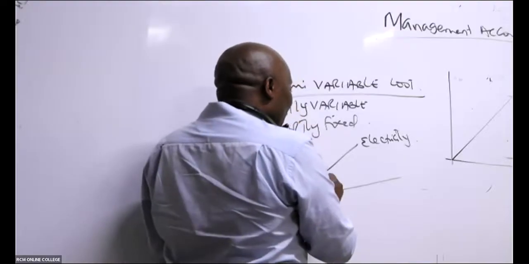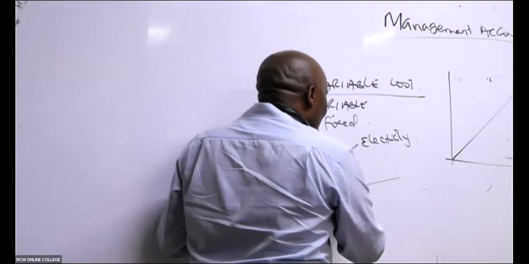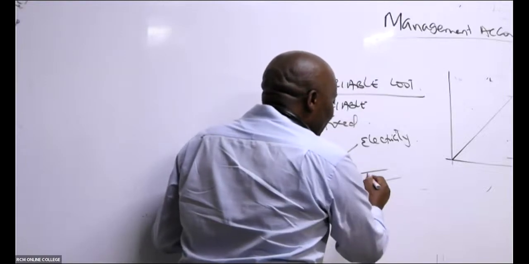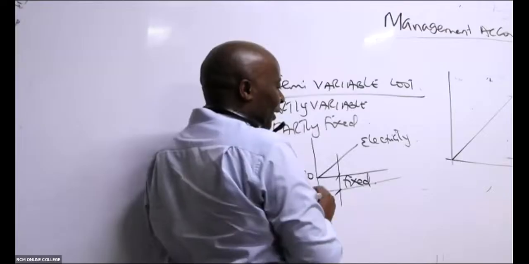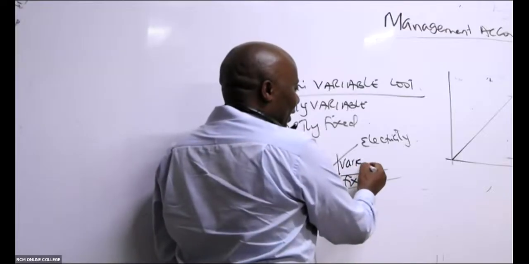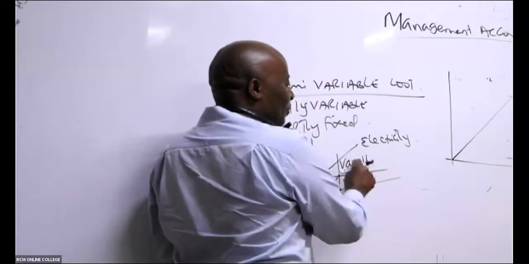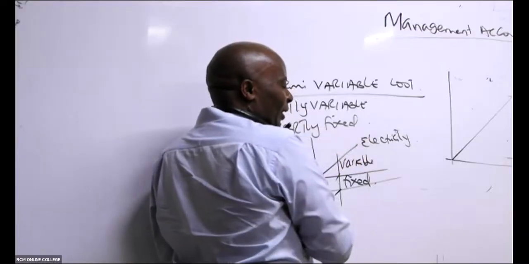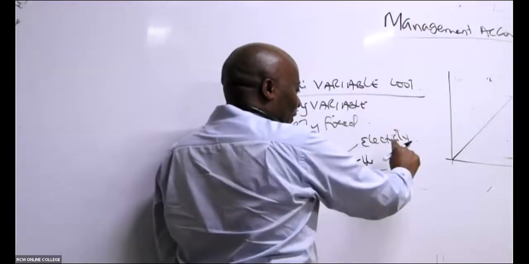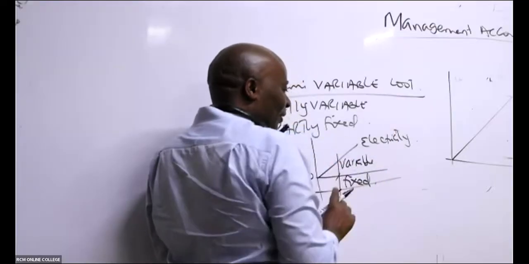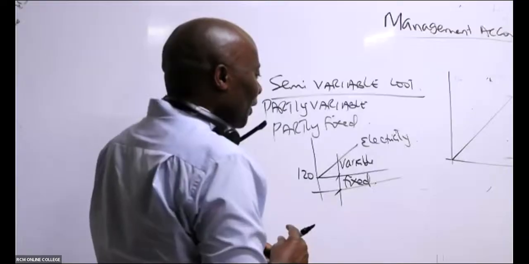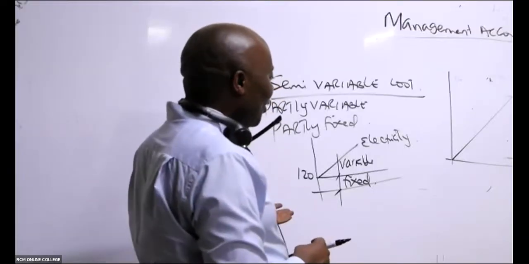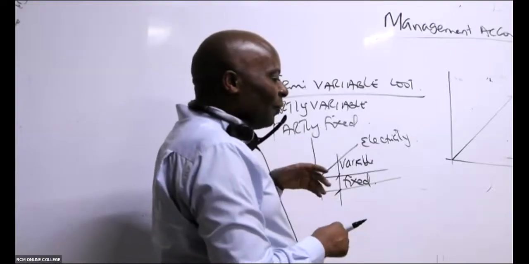So if I dissect my meter bill very well, I will have these 2 components. We have fixed cost, and then variable. The variable component will be dependent on the number of kilowatt hours. The more I use, the more, but fixed will always be fixed. You see people who do not understand semi-variable cost well, you always get them at Kenya Power, crying that they never used anything.